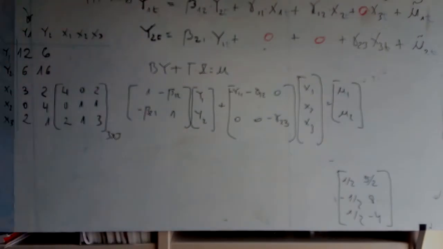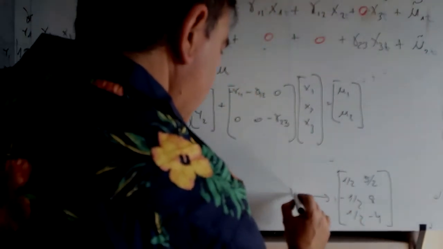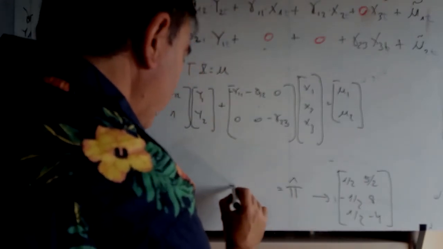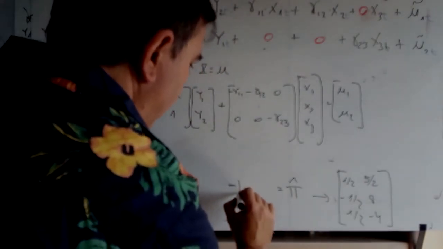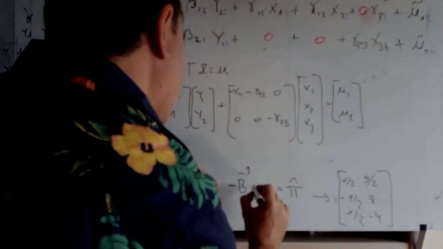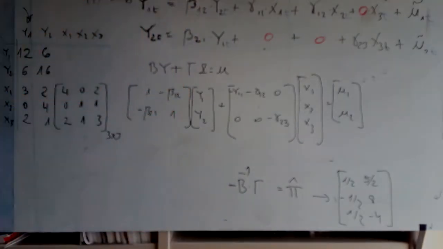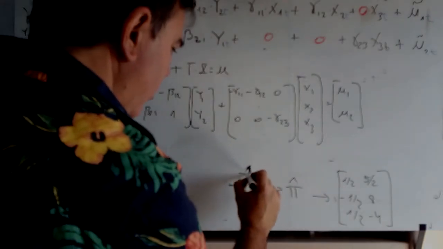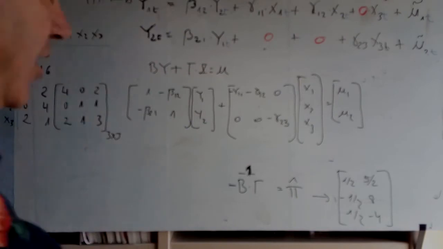Okay, and what we have done evaluating the ordinary least squares is we have estimated P, but P, if you remember, was minus capital B inverse times capital Gamma. If you remember the equations, what we can do here is one thing.